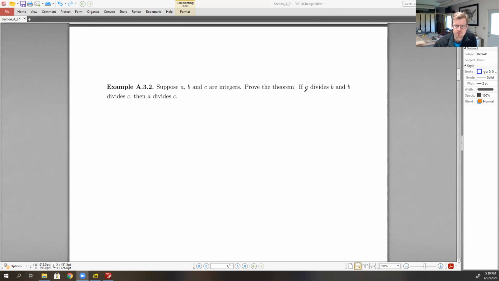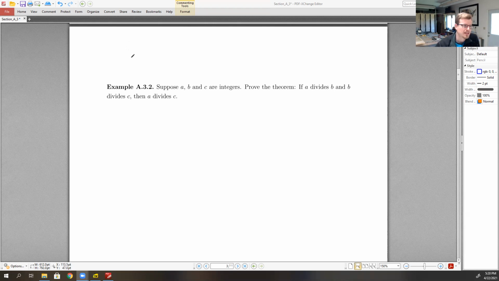What we want to prove is that if A divides B and B divides C, then A, in fact, also divides C. So essentially what we're doing is we're taking a look at the transitivity property for the relation divides. That's some language that we took a look at quite a while ago back in the chapter regarding functions. So here, again, if A divides B and B divides C, then A divides C.